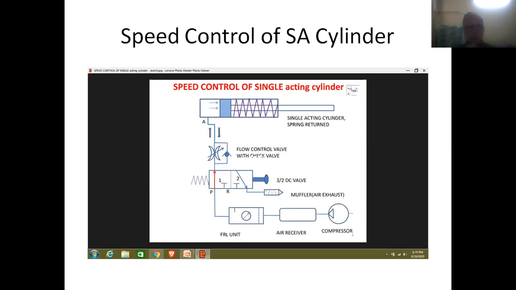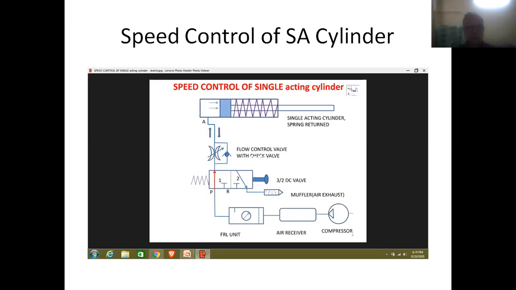So friends, this is the arrangement of the system pipeline, and as already discussed, this flow regulator will be placed in between the DC valve and the cylinder for operation of the circuit.